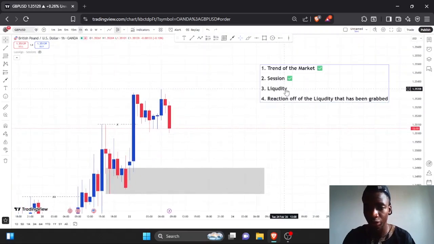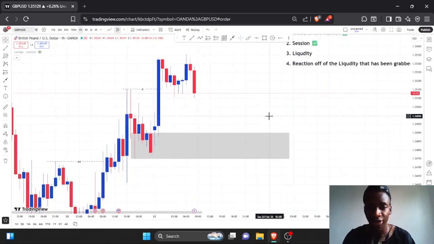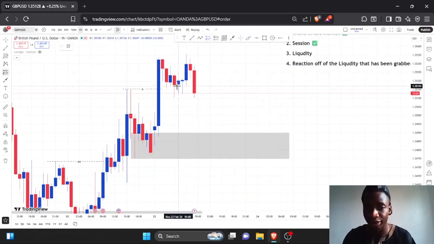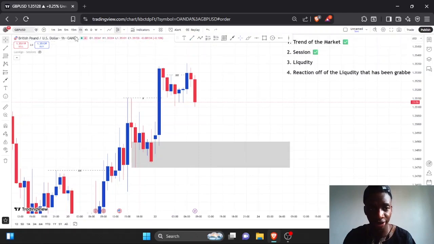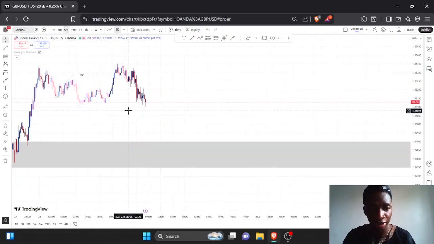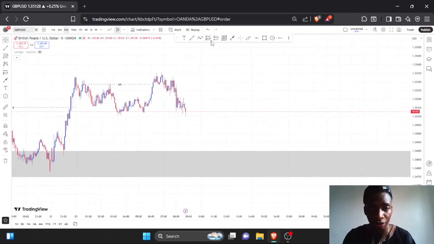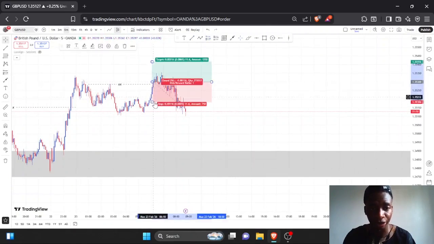So what is the next thing we want to look for? The liquidity. Now what is liquidity? Liquidity is where traders' money is. For example, if someone counts this as a change of character, there will surely be a certain trader that will mistake this as a change of character and want to continue buying the market from that point.